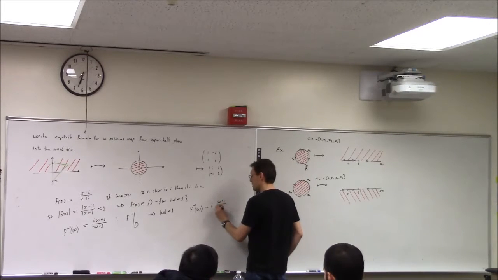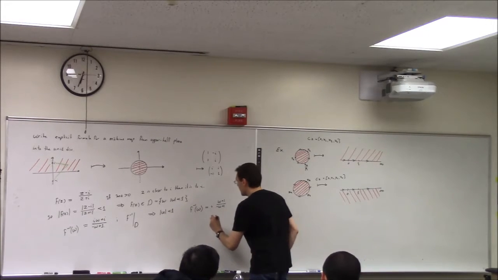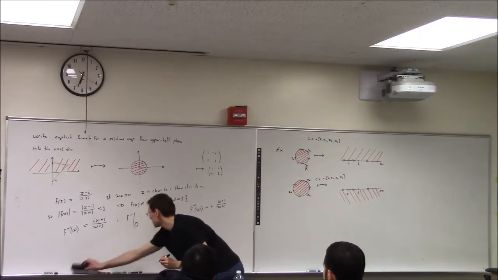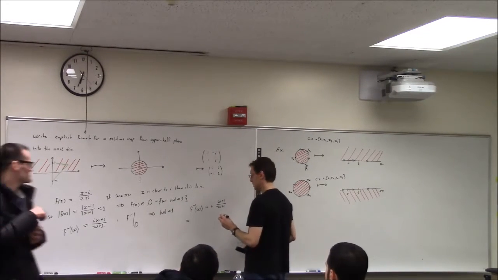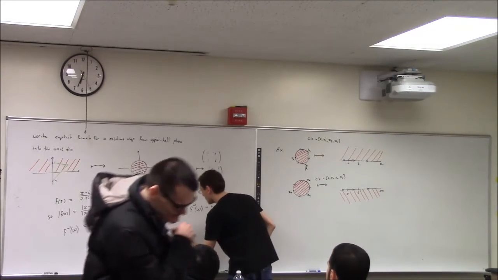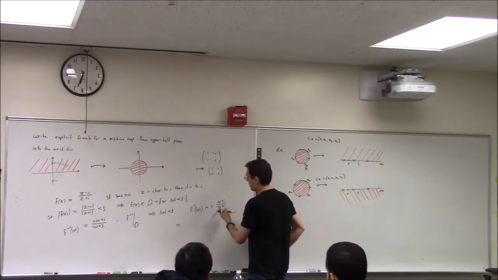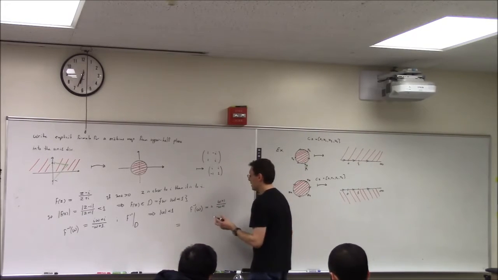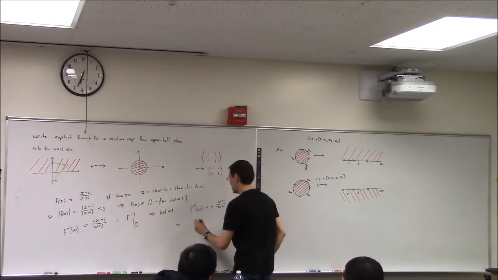W plus 1 over minus W plus 1, and what you can do is create a positive denominator by multiplying by the conjugate.